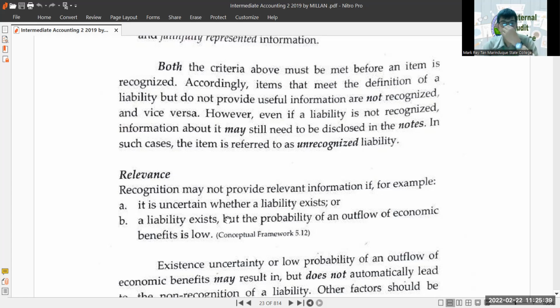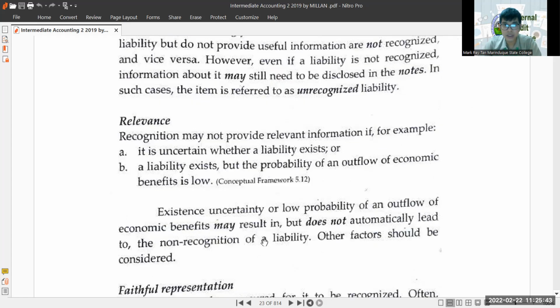Ayan, so this is as to relevance. Okay. In here, existence uncertainty or low probability of an outflow of economic resource may result in but does not automatically lead to the non-recognition of liability. Other factors should be considered.